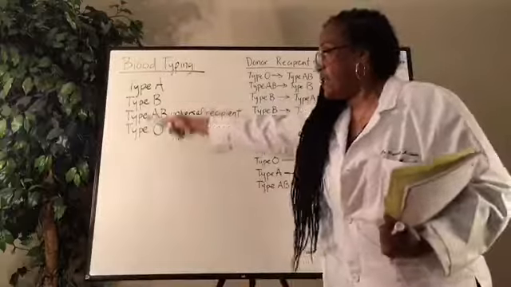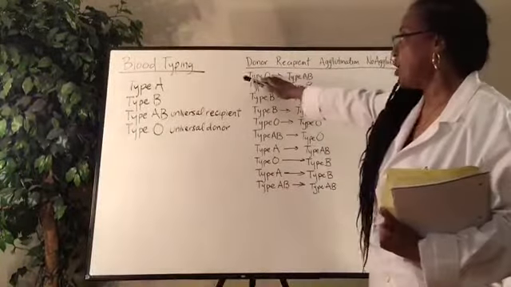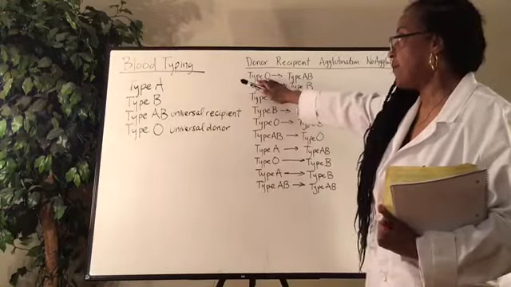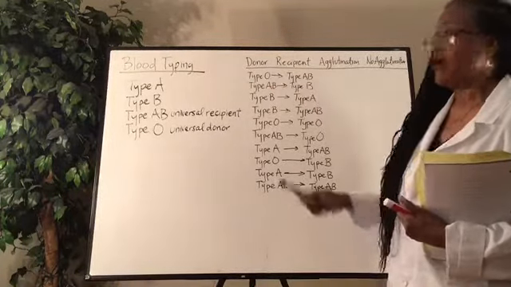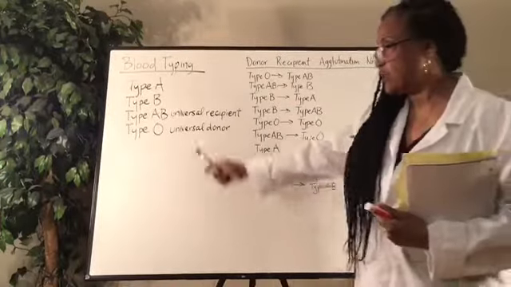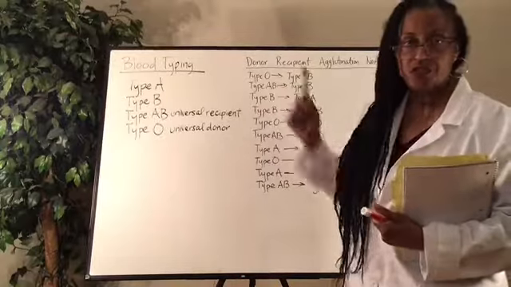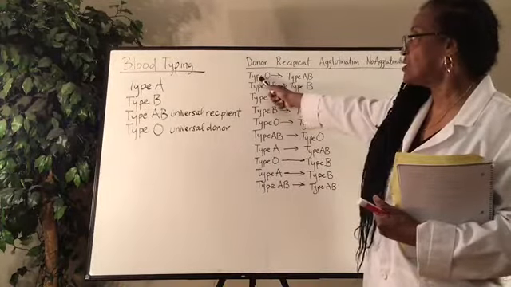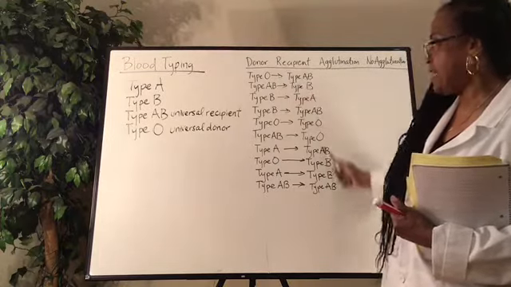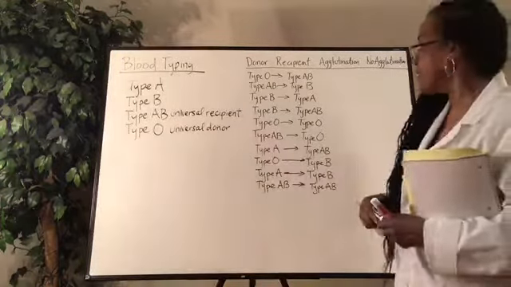So let's keep what we just went over in mind as we see this donor, type O, is going to donate to type AB. We know that type O is what? Yes, the universal donor, so type O can go to anybody. Anytime you see type O as the donor and anybody as the recipient, type O can give to them.